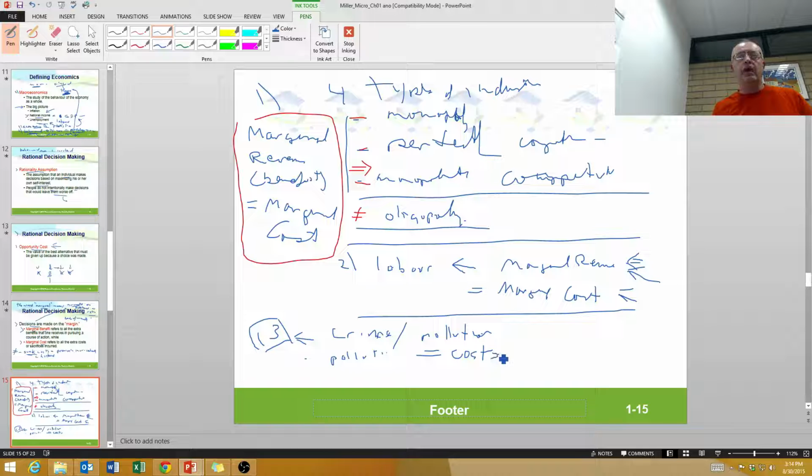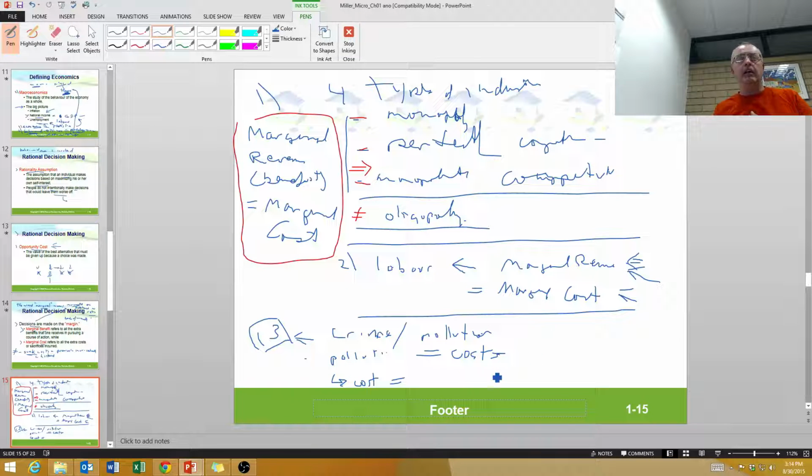So there's benefits associated with lower levels of pollution. But if we want to reduce pollution, we're also going to have to incur costs. We're going to have to invest more money in filters. We're going to have to put more money in more efficient machinery that doesn't produce pollution when it's manufacturing. And so there's costs associated with reducing pollution.